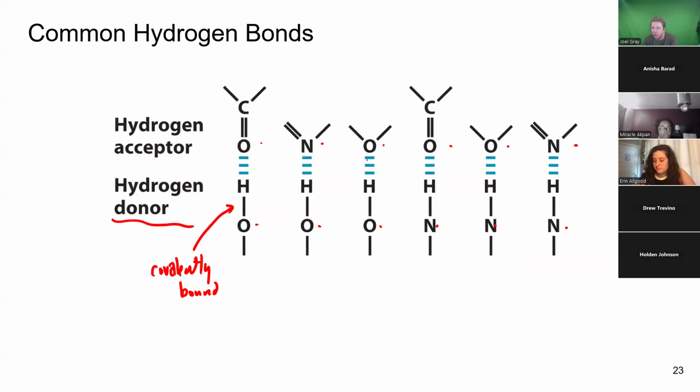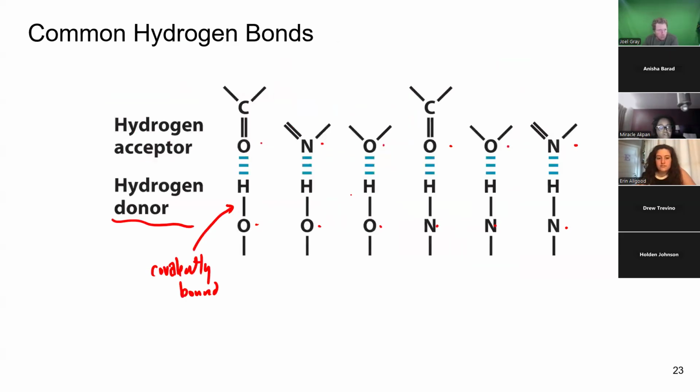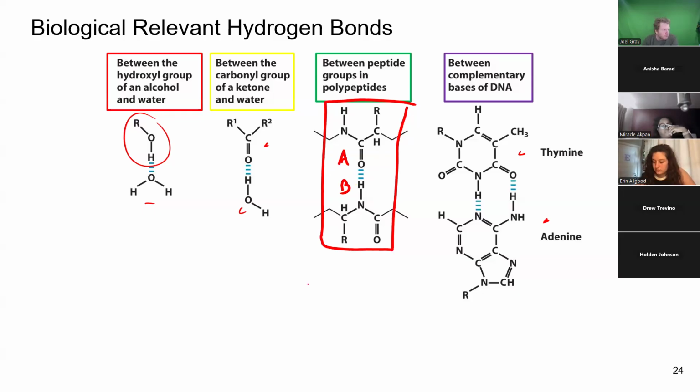Our hydrogen bond donor has the covalently bound hydrogen. So which is the donor? Well, B is the donor. Therefore, A is the acceptor.